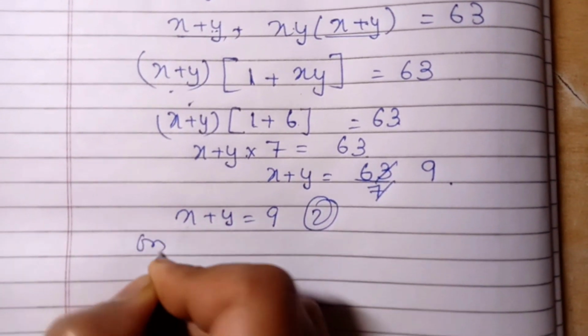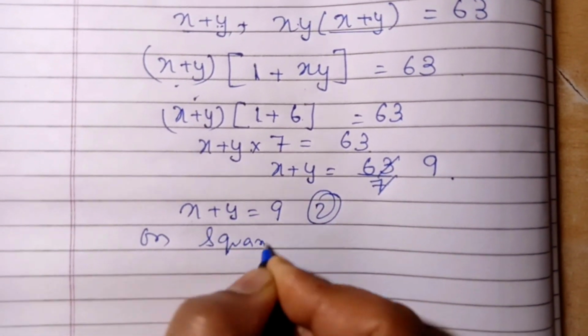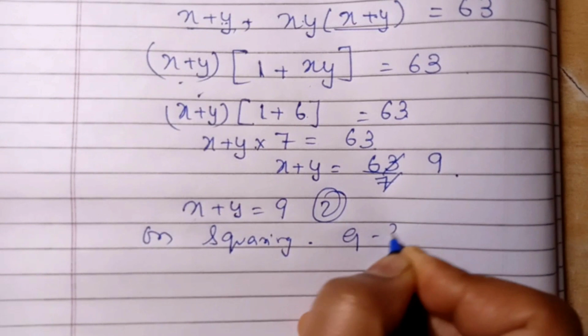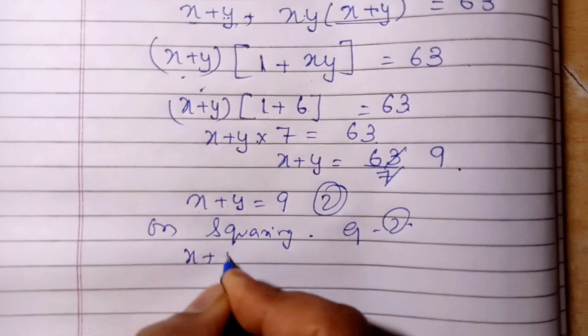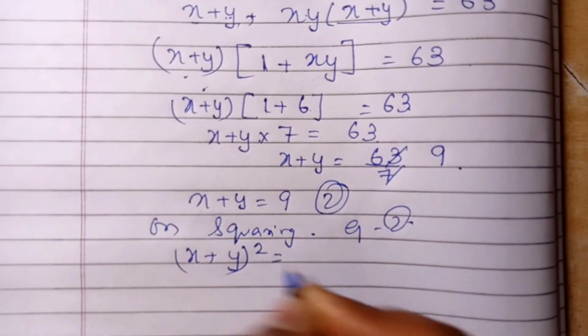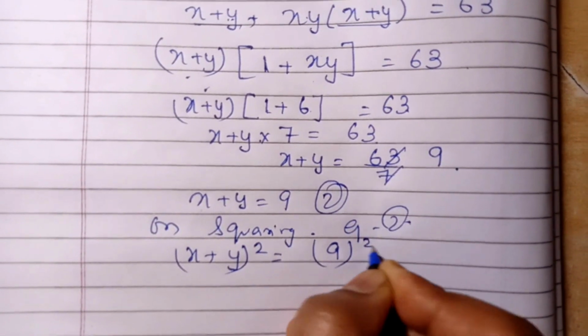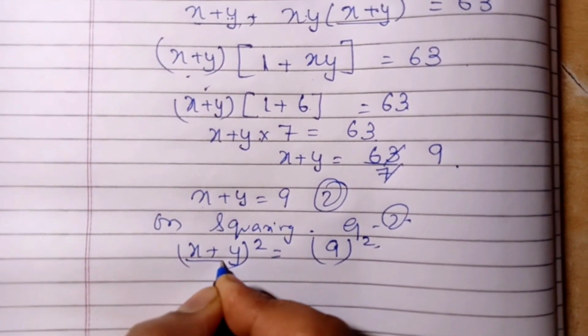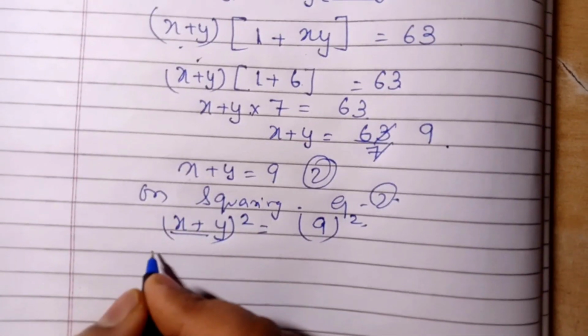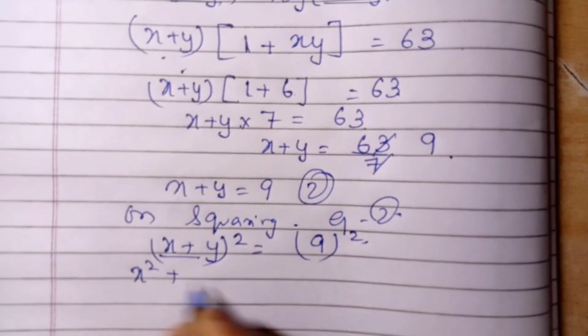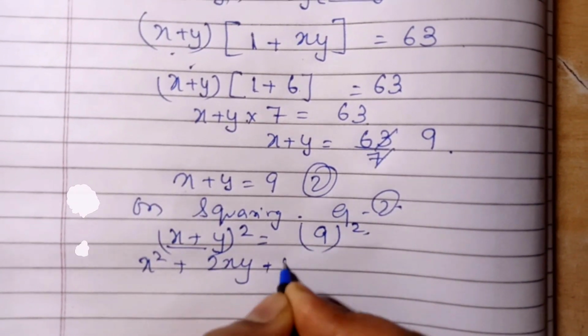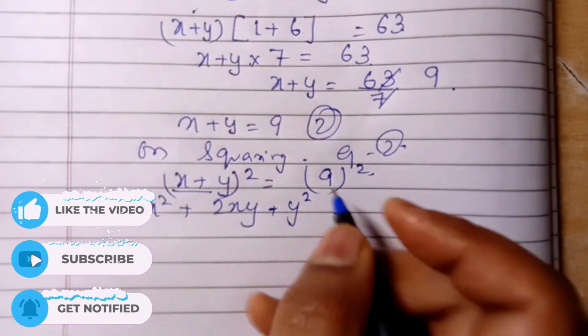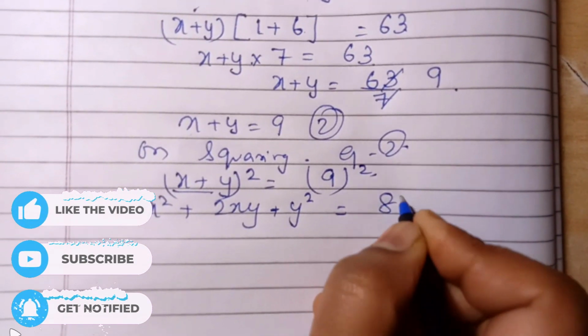Now on squaring equation number 2, we will get x plus y whole square is equal to 9 square. Now the expansion of x plus y whole square will be x square plus 2xy plus y square, and 9 square is equal to 81.